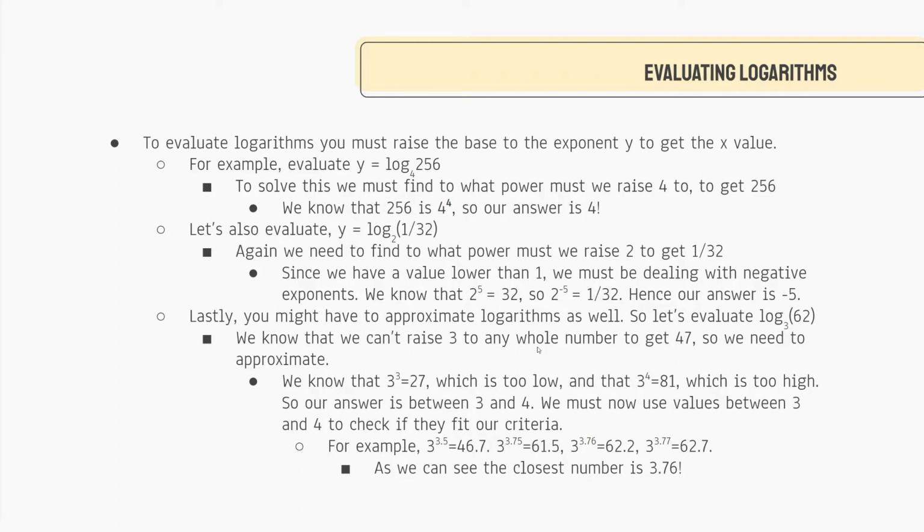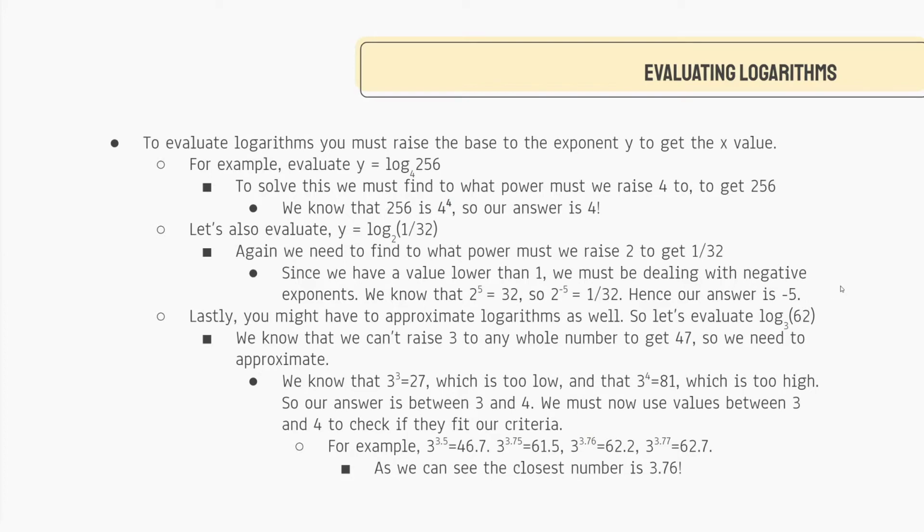We know that 2 to the power of 5 is equal to 32. So then we also know that 2 to the power of negative 5 would be 1 over 2 to the power of 5, which is 1 over 32. So we got our value. Since our exponent is negative 5, our answer is negative 5.